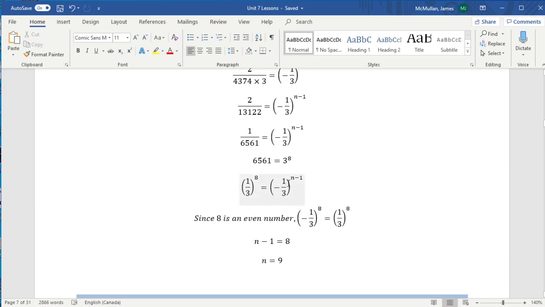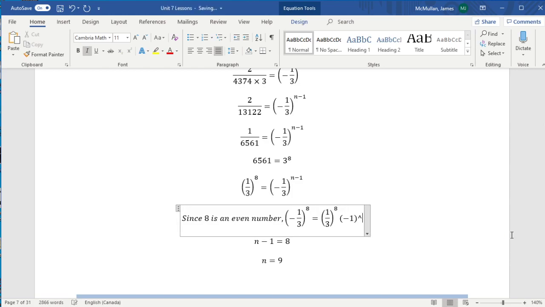It is a bit tricky when you get to this step. This step only works because it's an even number. If it had been an odd number, right? So let me see if I can explain this a bit better. Imagine I took the negative 1 out and raised it to the power of 8, and then left whatever's left in the bracket raised to the power of 8.